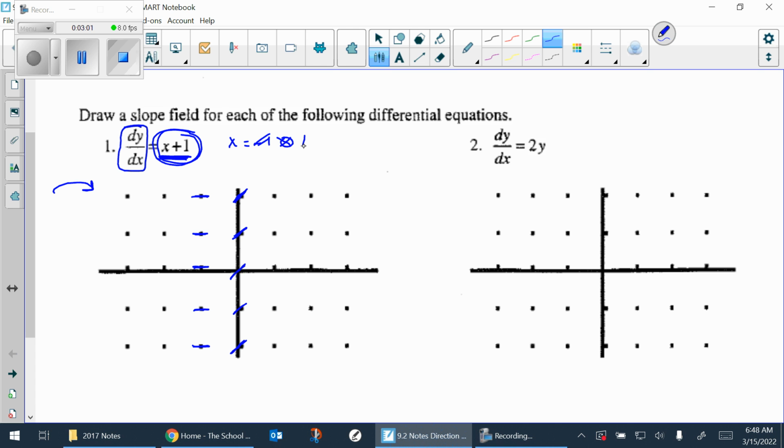Instead of 0, if x were 1, we'd have a slope of 2. If x were 2, we'd have a slope of 3.